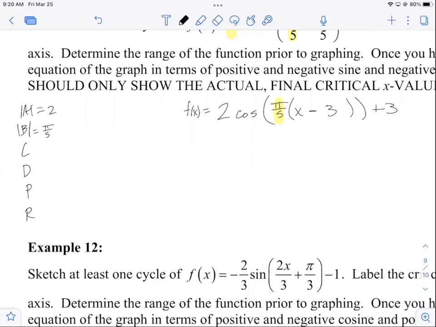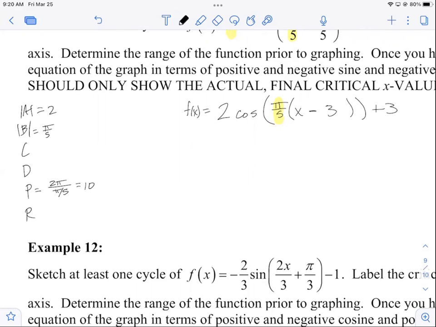So we're going to see pi fifths of a cycle between 0 and 2 pi, and that is going to affect the period. The period is going to be 2 pi over pi fifths. I always find it right after I find B. If you stay, change, flip, you get 10. The pi's will divide out and 5 times 2 gives you 10. So it's going to take 10 units.